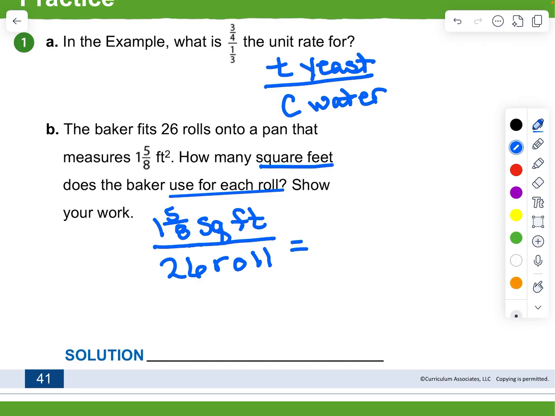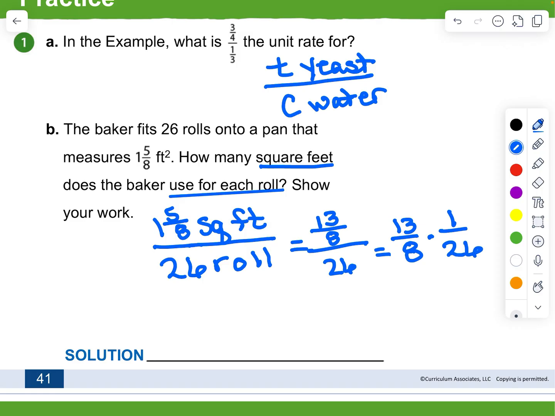Well, again, let's change our mixed number to improper. 8 times 1 plus 5, 13/8 divided by 26. 13/8 times 1/26.